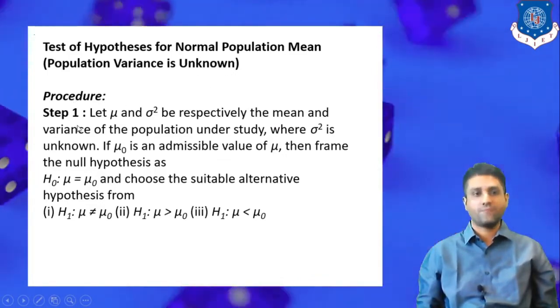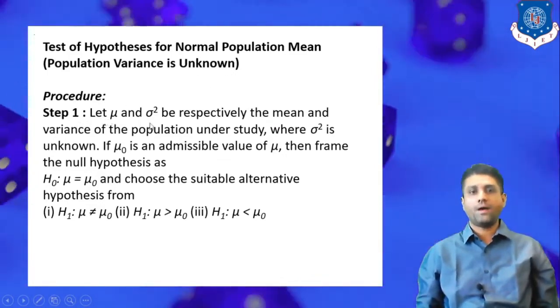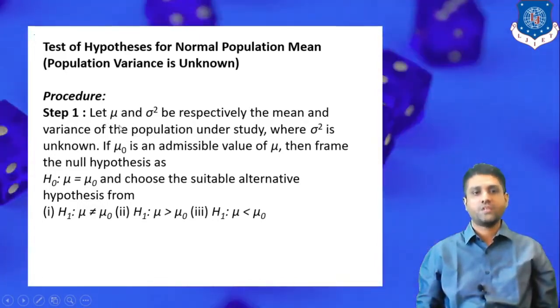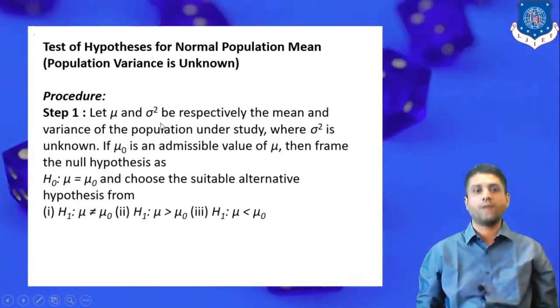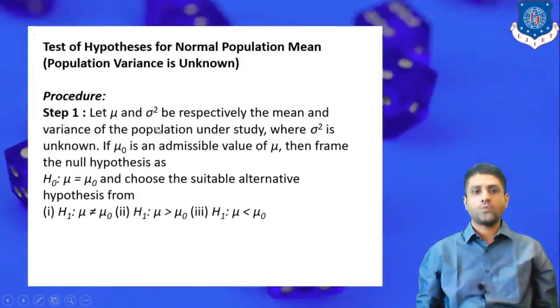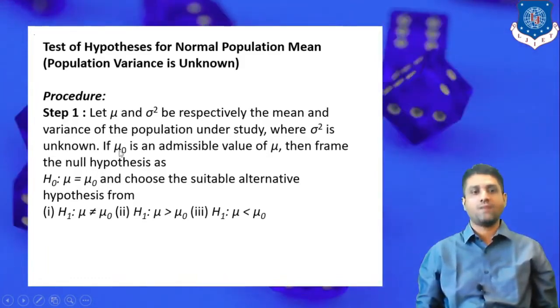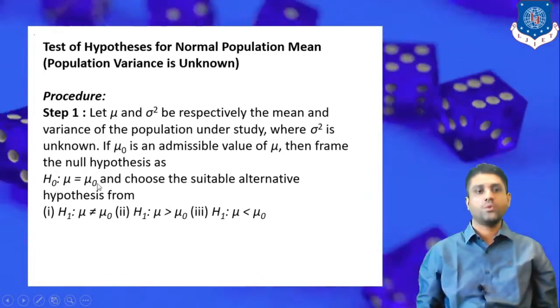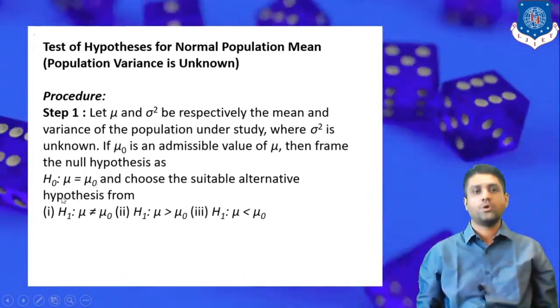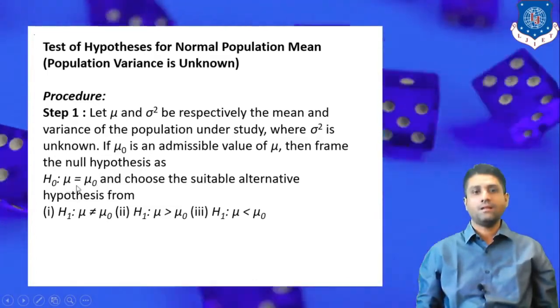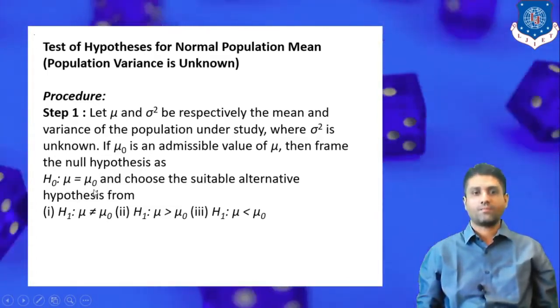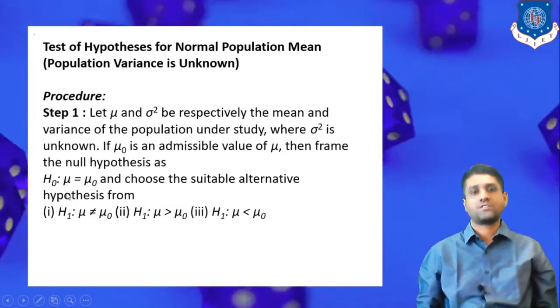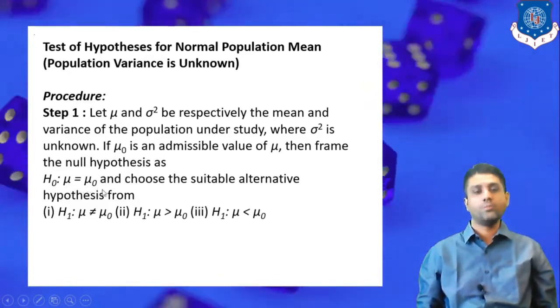Step number 1: we identify the statistical parameter, that is mu, the mean, or sigma square, the variance. Corresponding to that, we develop the null hypothesis. We assume that mu is equal to mu 0, that is, the sample mean and the observed mean are not significantly different. That is why we consider mu equivalent to mu 0.